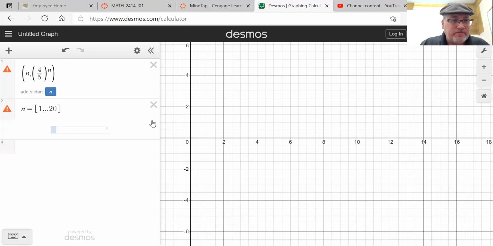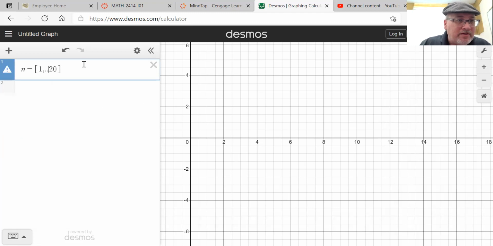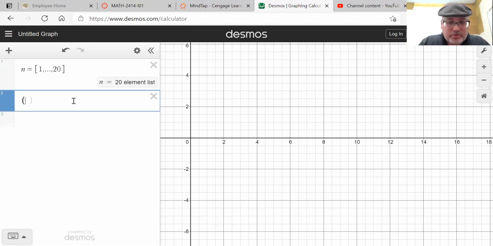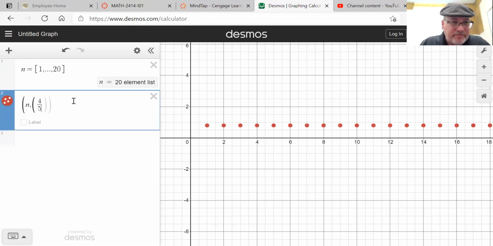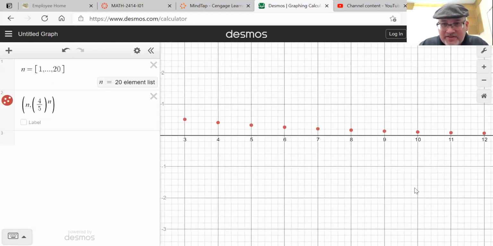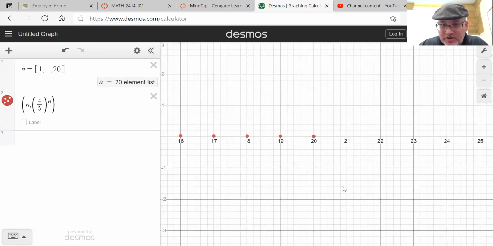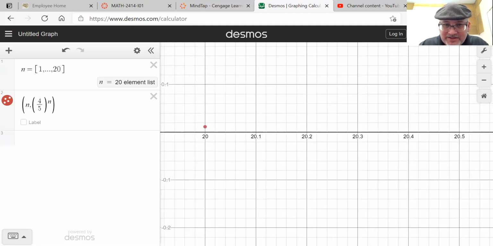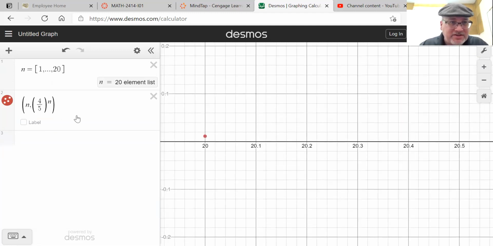Take a look at these dots. See that they are getting progressively smaller and smaller. It looks like they're approaching 0. We can zoom in and see that it's not at 0 yet.